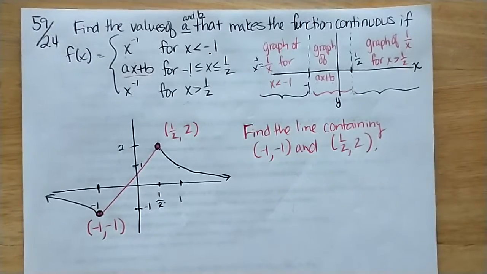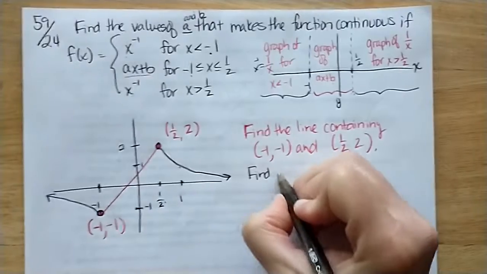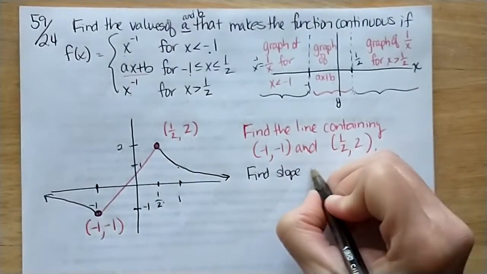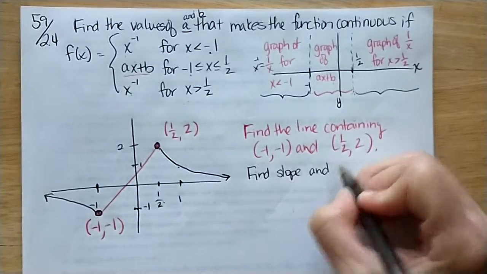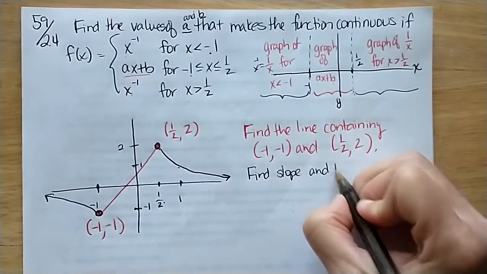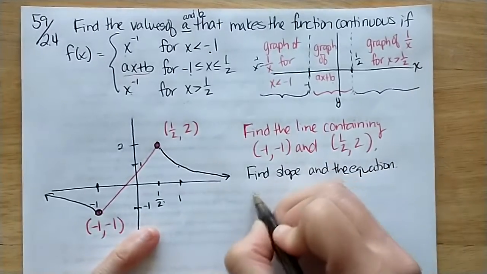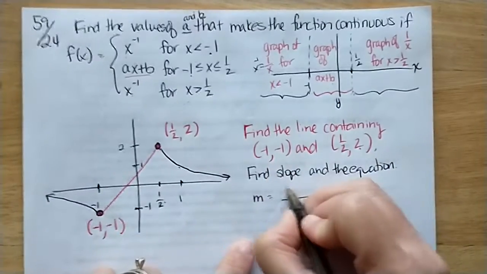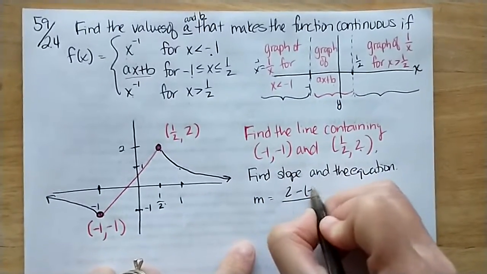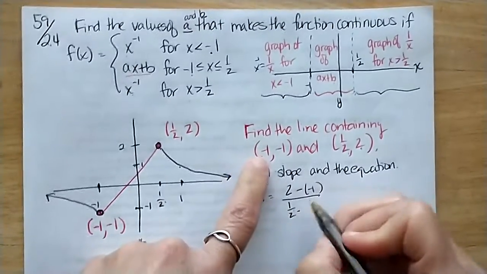Okay, so to do that, we need to find the slope and use one of those two points in the equation of the line. The slope is going to be y1 minus y2 over x1 minus x2.